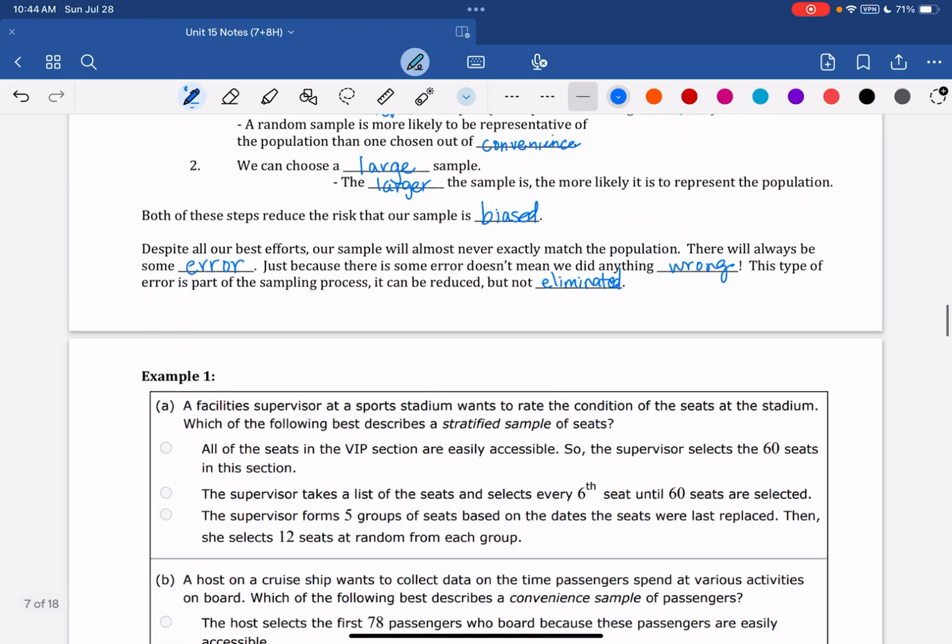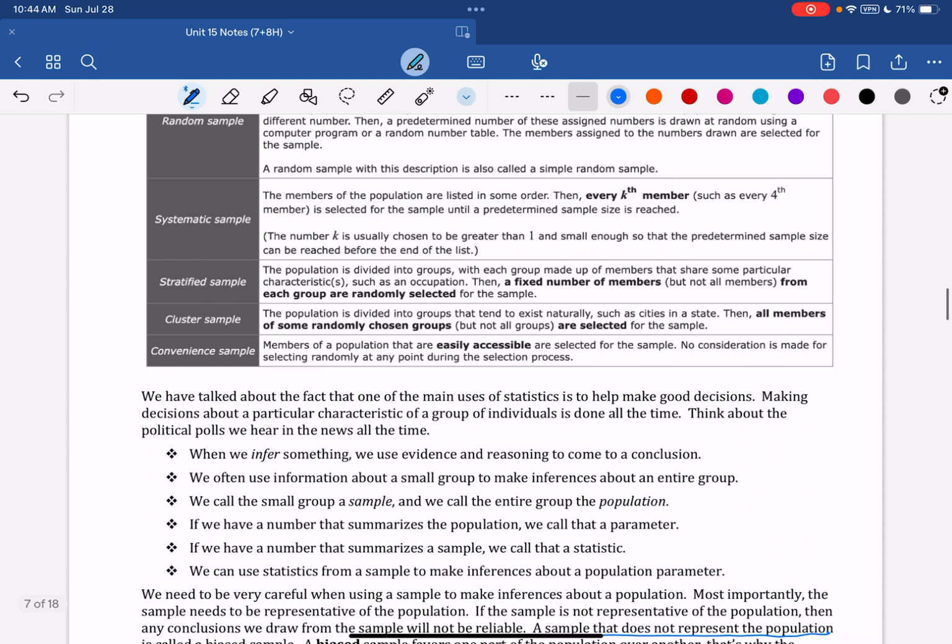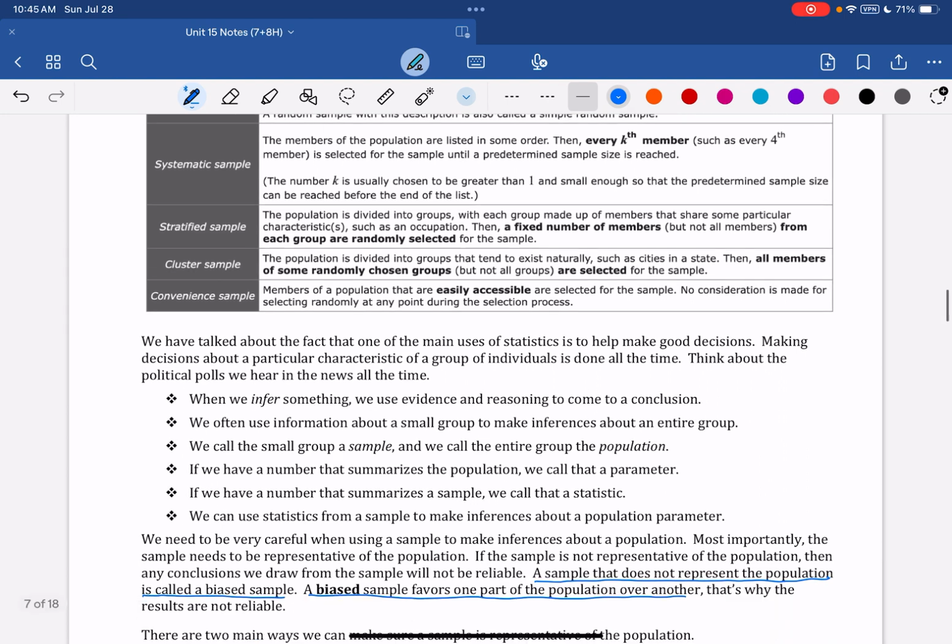Okay, so let's go back and look at our definition of stratified. A stratified sample, it says the population is divided into groups, with each group made up of members that share some particular characteristics. Then a fixed number of members, but not all members, from each group are randomly selected for the sample.